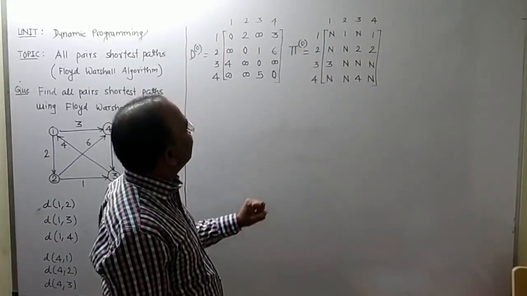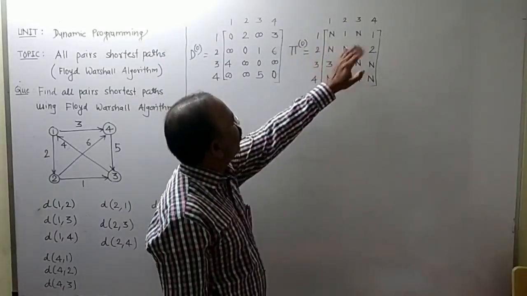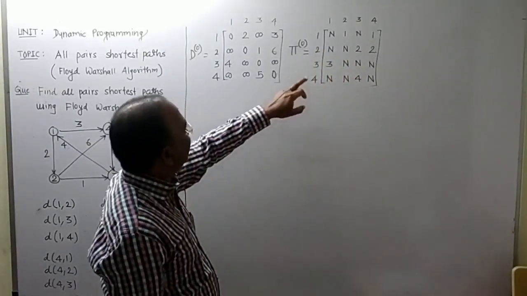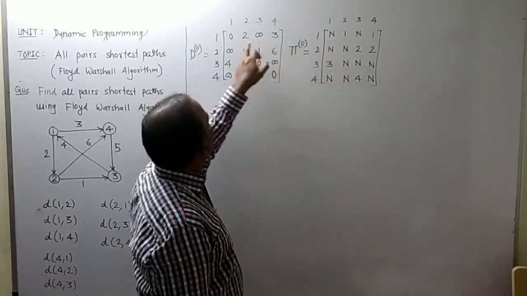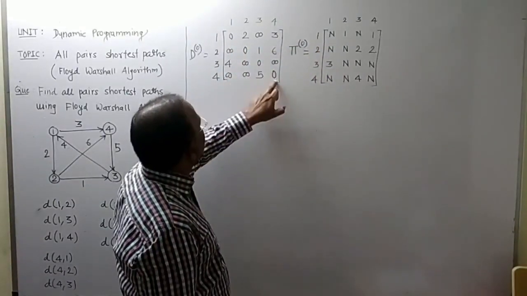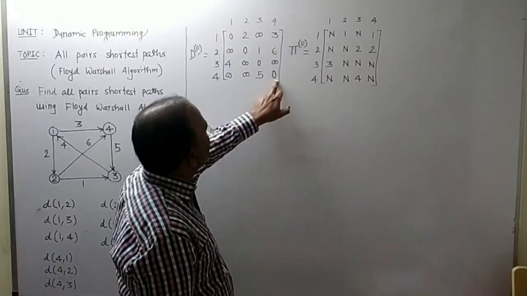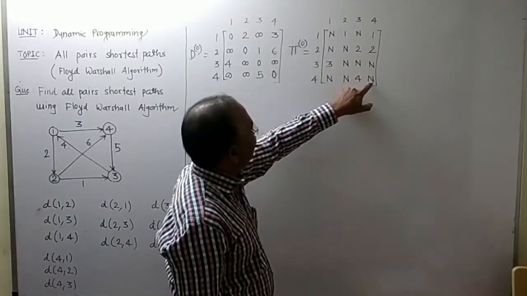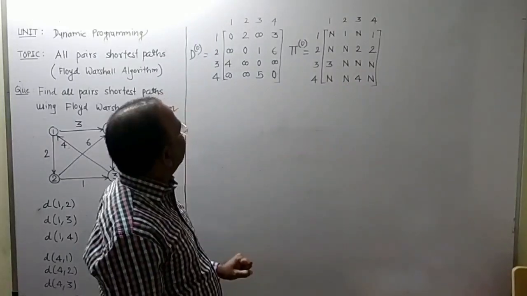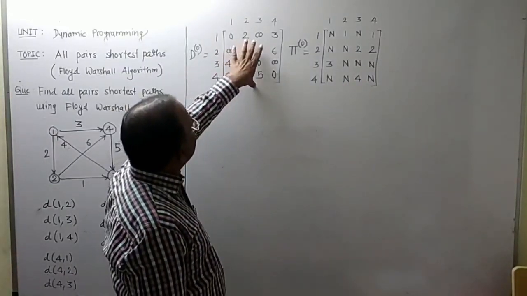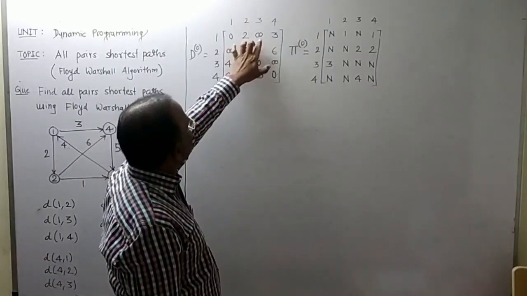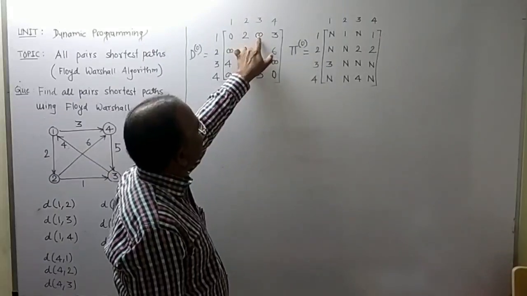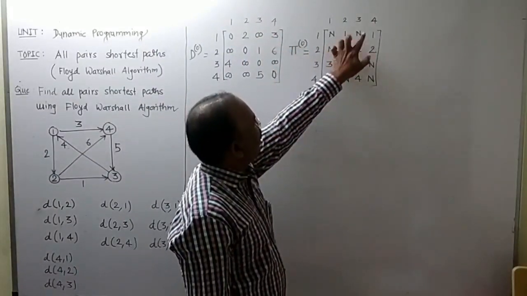Now let us see row by row how we have got the values. In pi 0 we have to write nil or n for diagonal elements. Here the diagonal elements are 0. In pi 0 we have to write n or nil. Right? Now in D0, wherever you get infinity, in that place write n in pi 0.